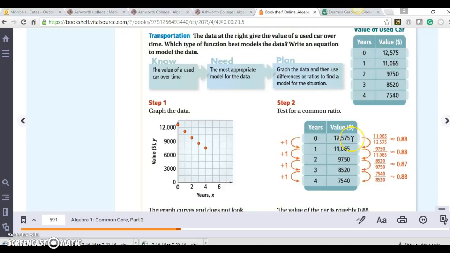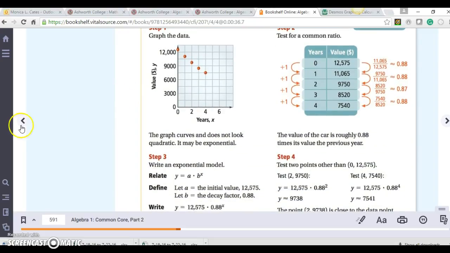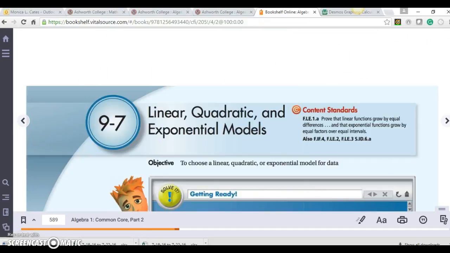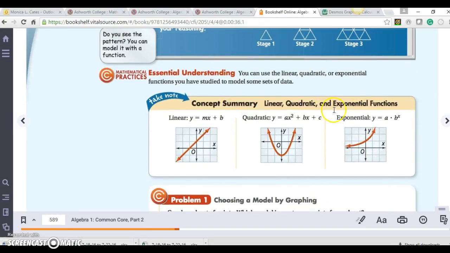And then for value, they looked at common ratio first, and that was the one that it came up to. So for common ratio, you just divide. So it's going to be 11,065 divided by 12,575, and so on and so forth. And it looks like it's around 0.88. So from using that on that first page, here is the exponential function that we're using.